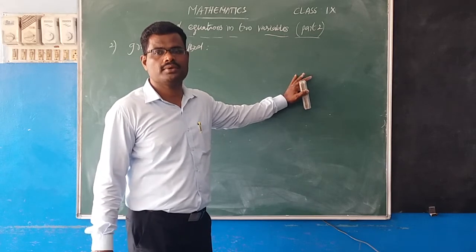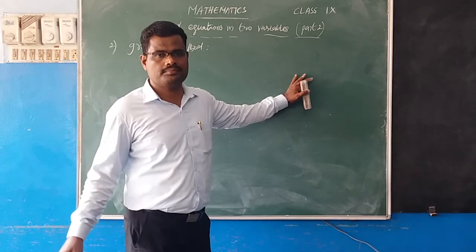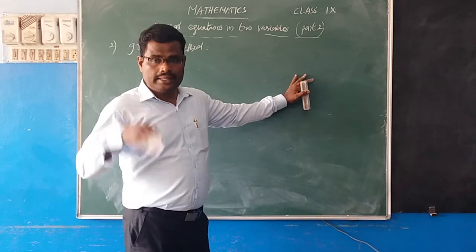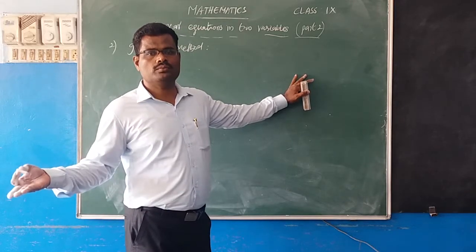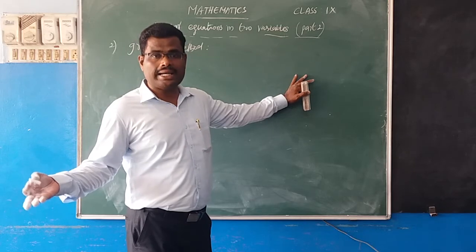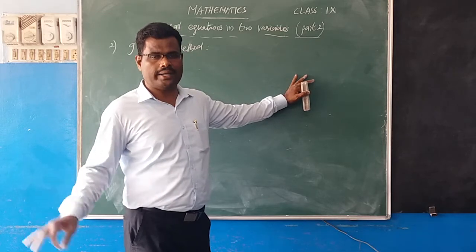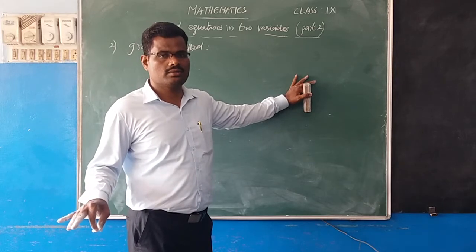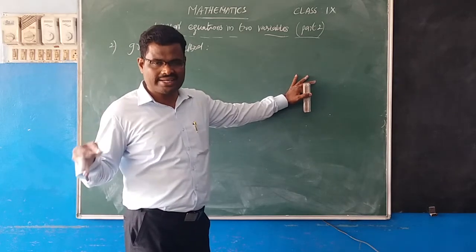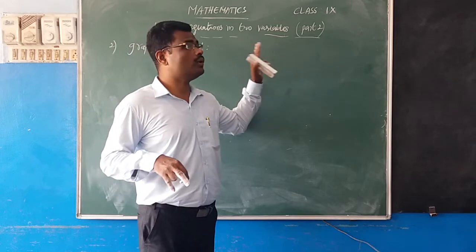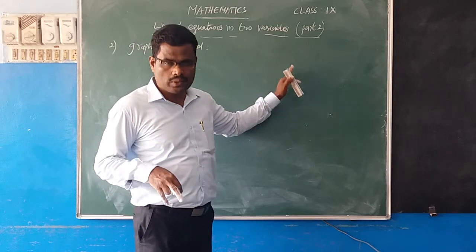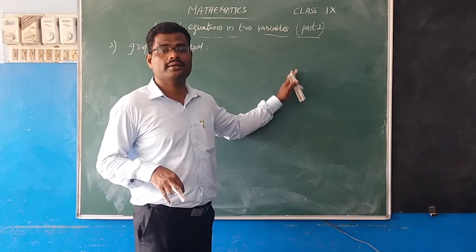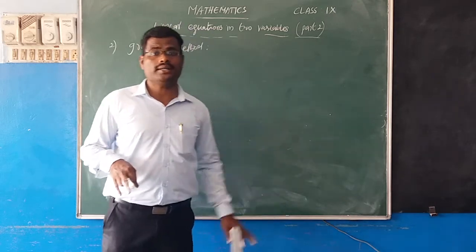What is the procedure? Equations will be given. In the given equations, we need to collect the values of x and y, or p and q, or l and n variables. Then we need to locate the points on a Cartesian plane, and then we need to draw the graph.